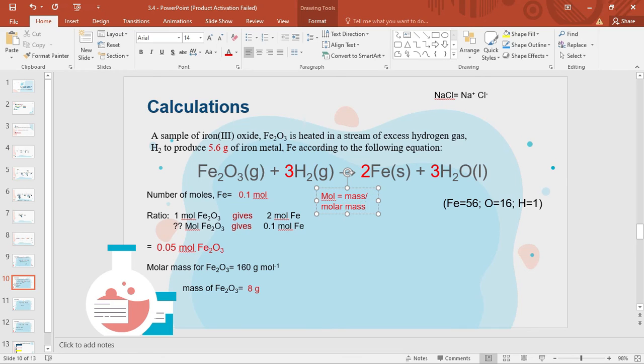Okay, molar mass. So the mass, which is 5.6, over the molar mass of iron, which is 56.